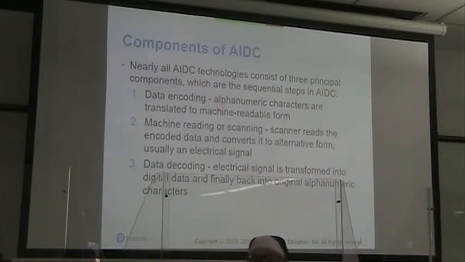Then we have the data decoding, where that electrical signal is transformed back into digital data and then back into the alphanumeric characters. The day may come when the alphanumeric characters aren't needed because there are no humans in the system, but luckily that day is not yet.